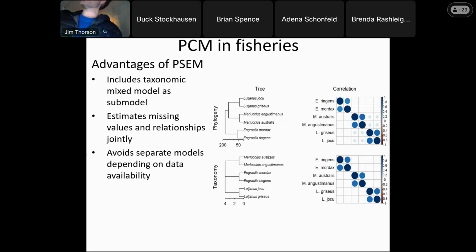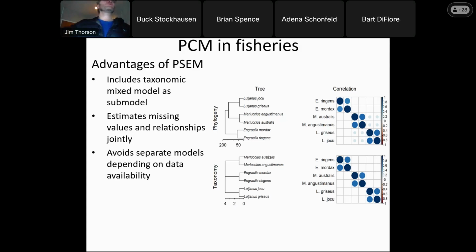So for instance, if you look at 6 species, you look at their taxonomic relatedness and convert that to a covariance matrix, you could get a covariance matrix like the bottom there, and that would be the blockwise covariance of a mixed model. Or you could use phylogeny and the actual branch lengths to do phylogenetic, evolutionary relatedness, and it would reveal a weak correlation between the Merlucciids and the Lutjanids, because they're more closely related than the Ingrowlids.